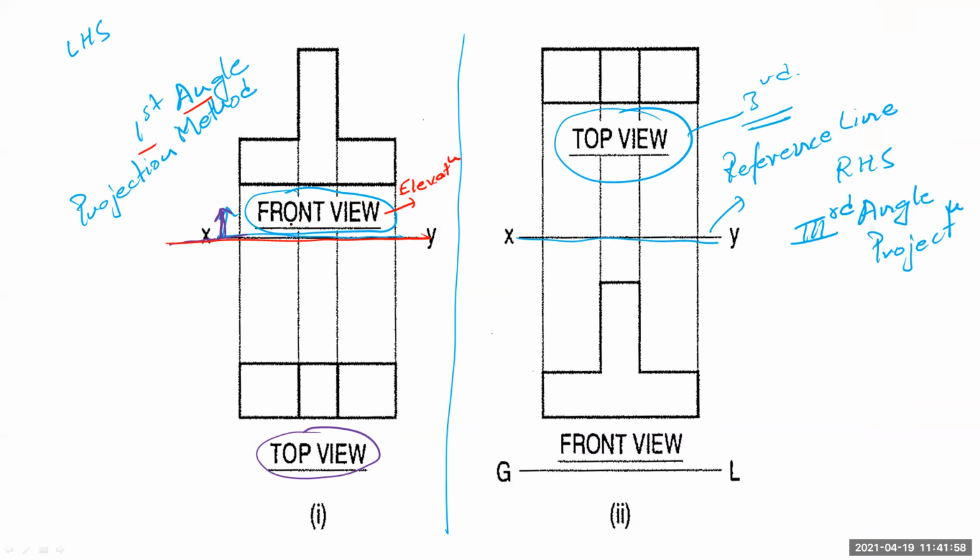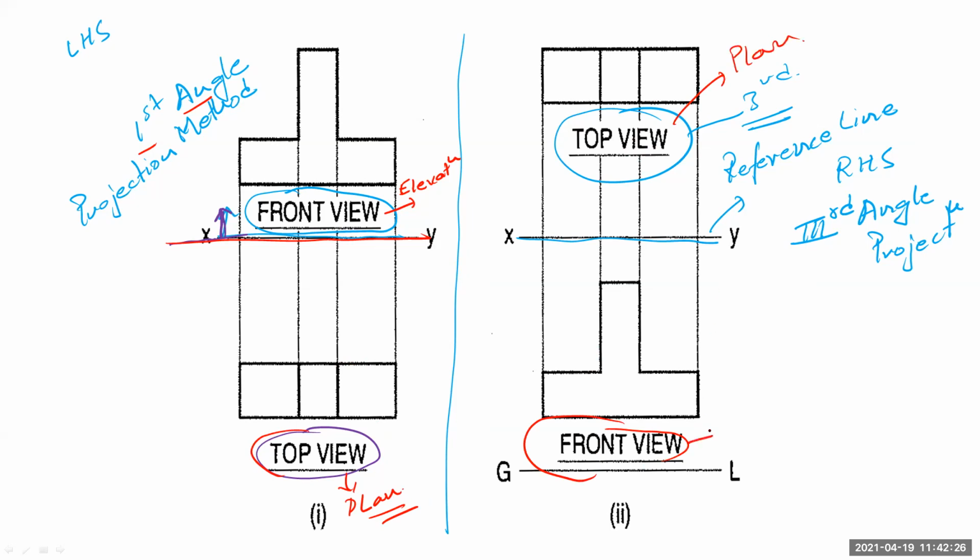Okay, or you can say front view will be above your top view. And for top view you can also use a term called plan view. Okay, exactly reverse will be there in third angle projection method, where your front view or elevation will come below your top view, or top view you can say below your plan.